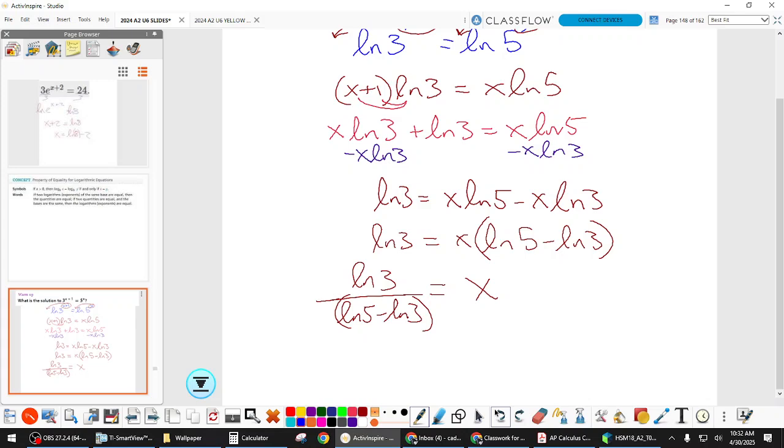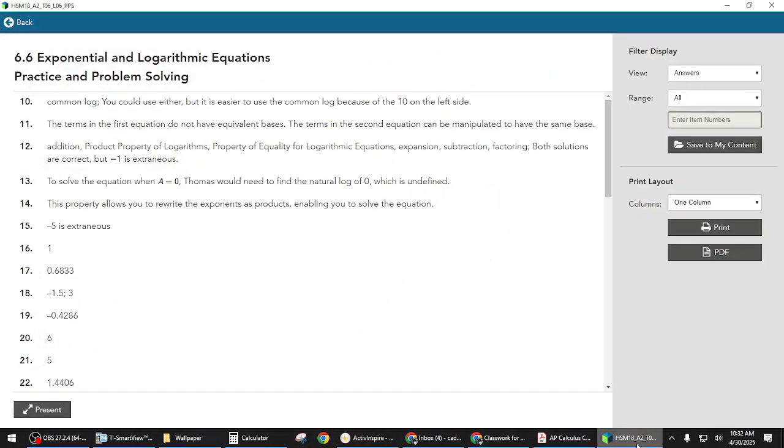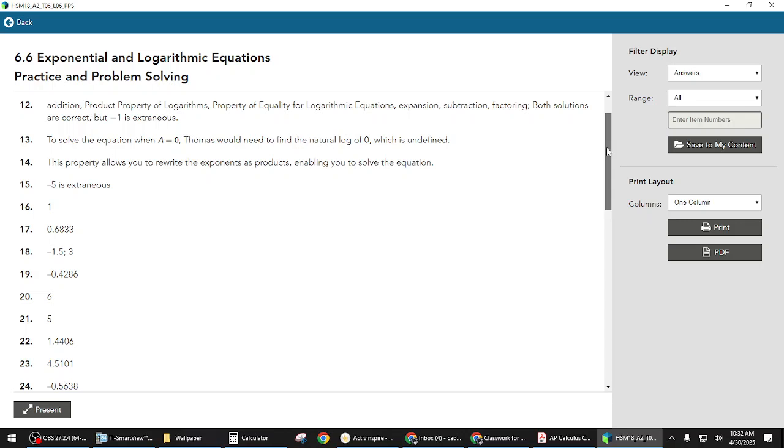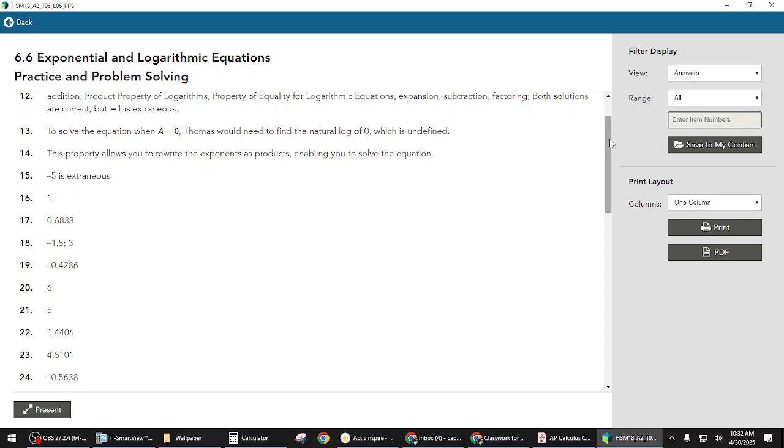Well, let's check homework and then you can ask questions. So you started on 16. Give you a second to pull that out so you can check your work. So 16, you should have gotten 1. 17, 6833 is if you did the decimal.